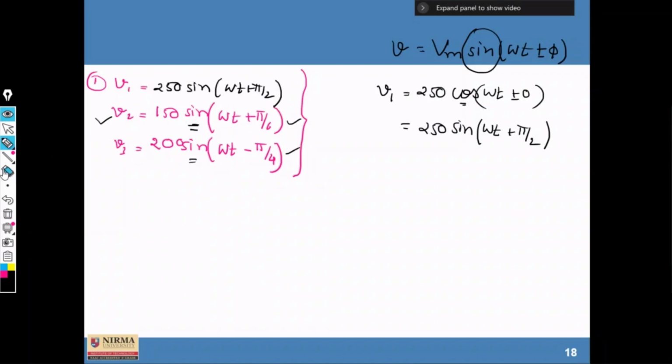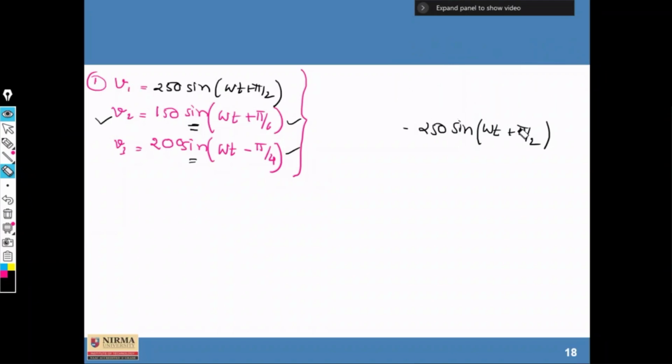And we can draw the vectors here and complete the example also. First of all, let me start with V1.